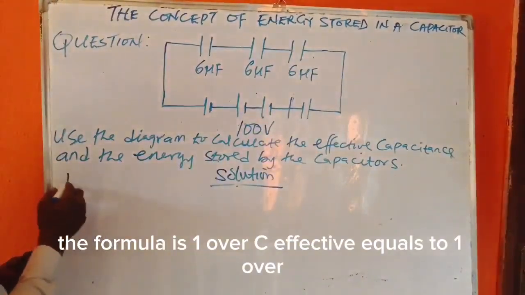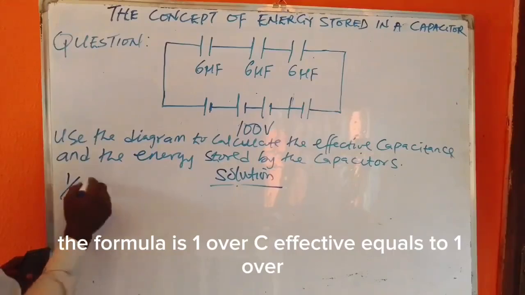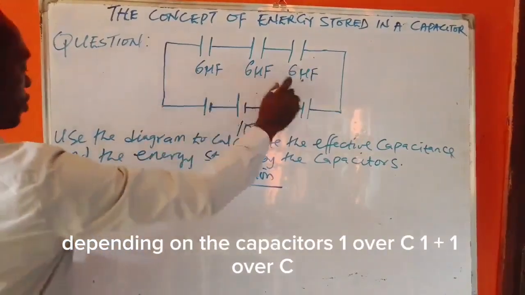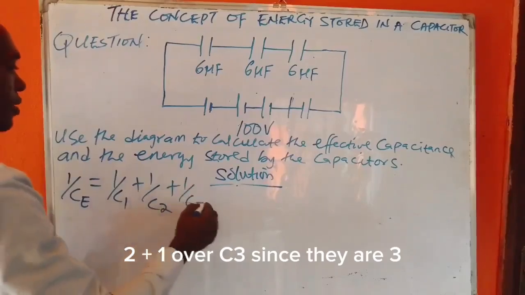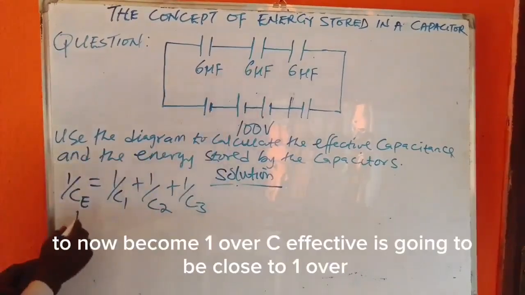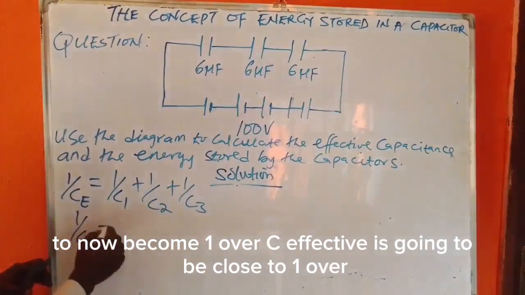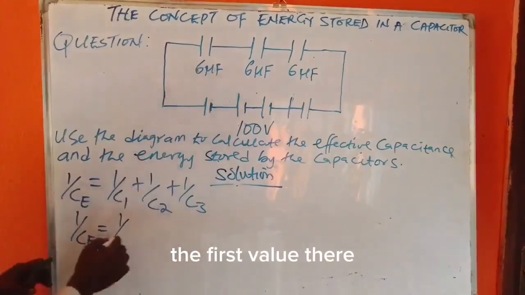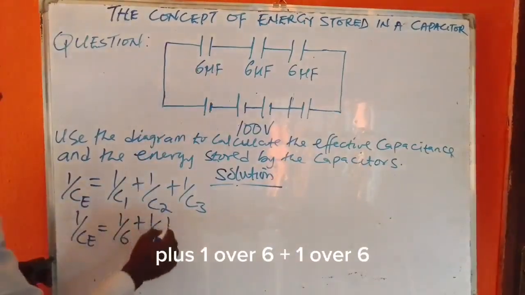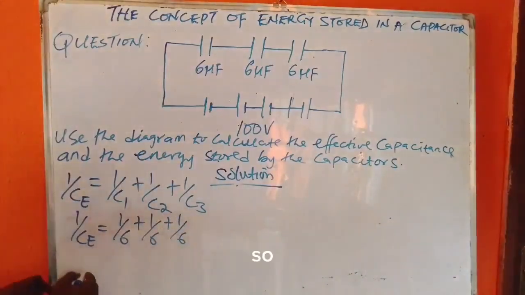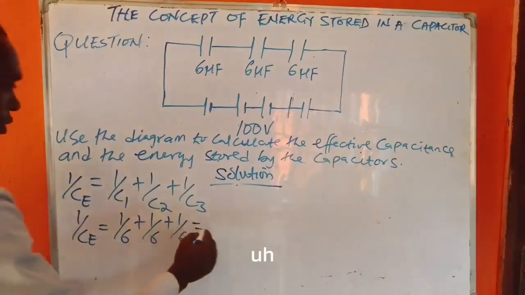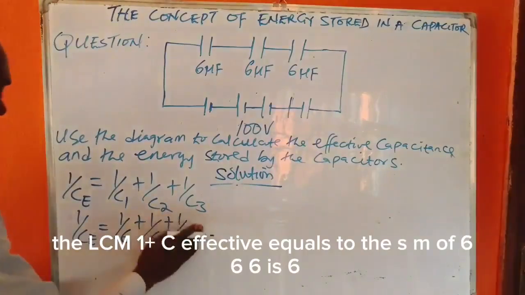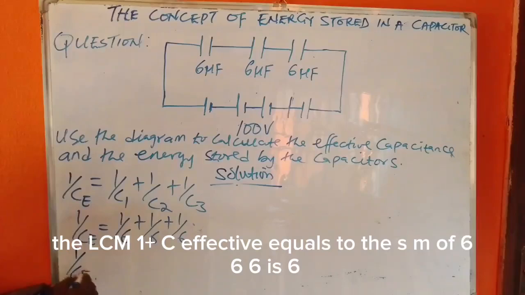The formula is 1 over C effective equals 1 over C1 plus 1 over C2 plus 1 over C3, since they are 3. So 1 over C effective is going to be equal to 1 over the first value there plus 1 over 6 plus 1 over 6. If we do this properly, the LCM of 6, 6, 6 is 6.